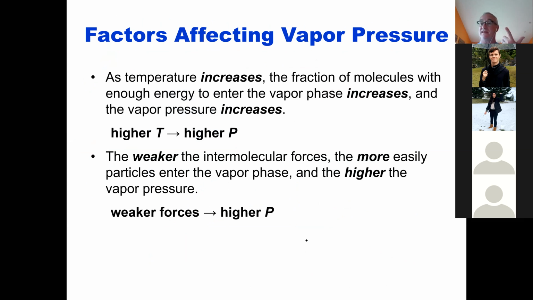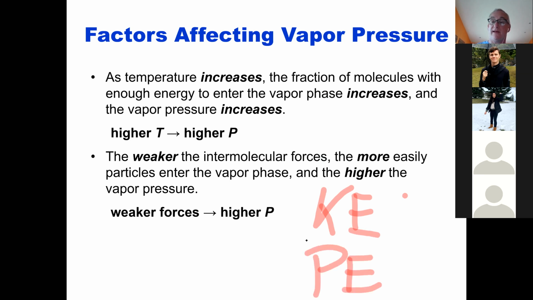But something that we really haven't looked at is if you increase the kinetic energy, and this goes back to the dynamic between kinetic energy and potential energy. So we know that if we increase the kinetic energy, we're going to get more vapor. We're going to get more molecules moving from a liquid to a gas.